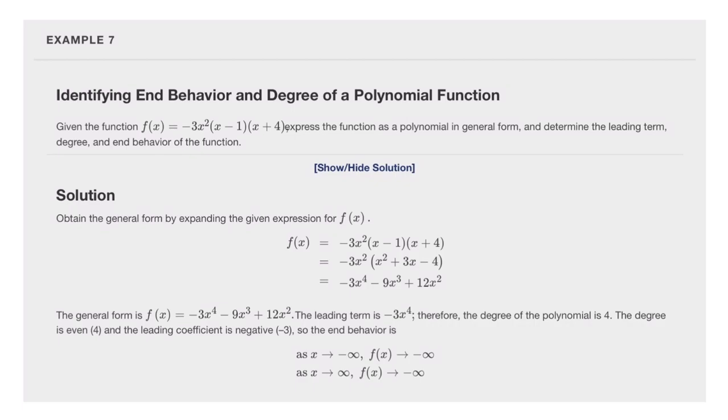So the degree is 4, which is even, and the leading coefficient is negative. So as x goes to positive infinity, y tends to negative infinity. As x goes to negative infinity, y tends to negative infinity. So what we said was correct.